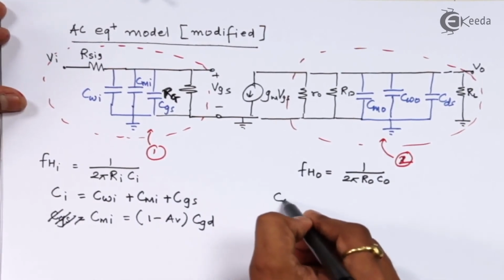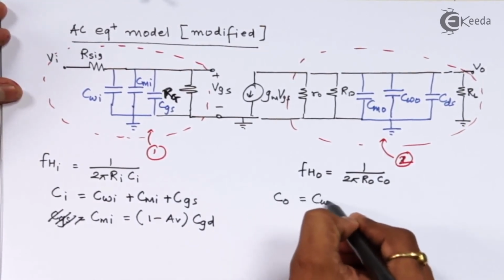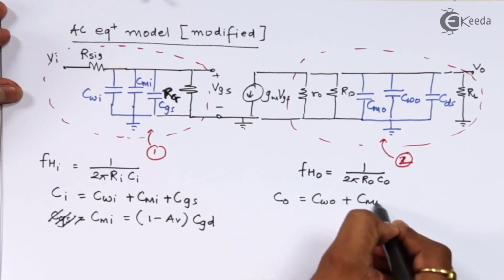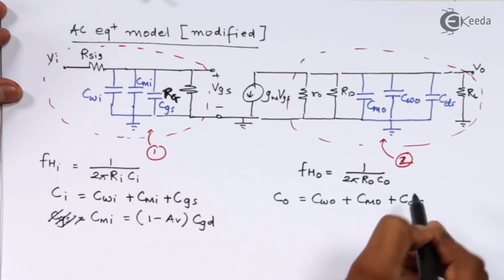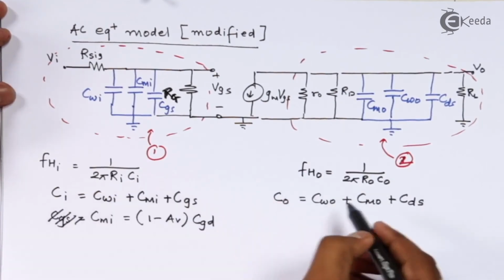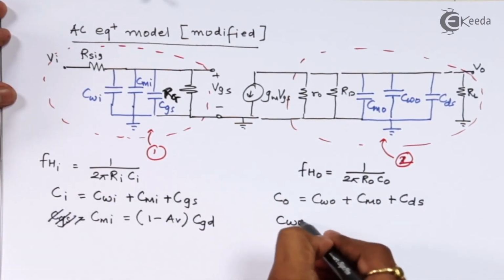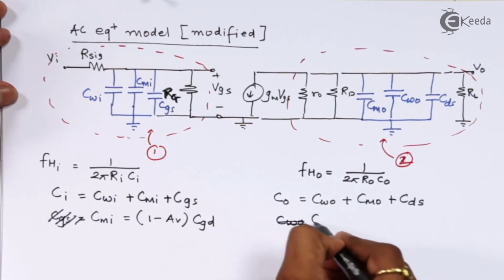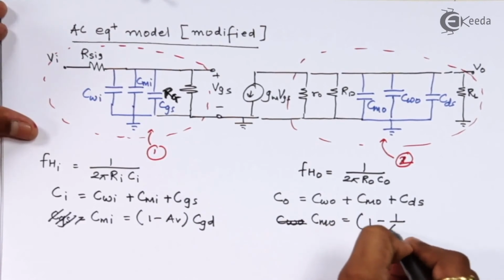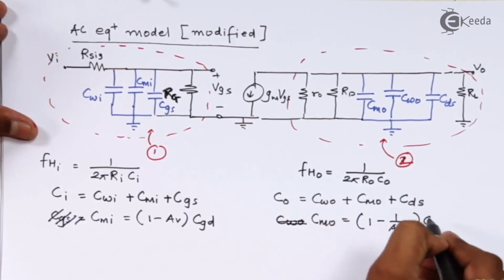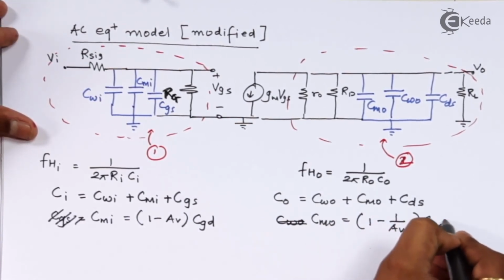Similarly, Co is equal to Cwo plus Cmo plus Cds. Clear? Similarly, the Miller's output capacitance, Cmo, is 1 minus 1 upon Av multiplied by CGD.